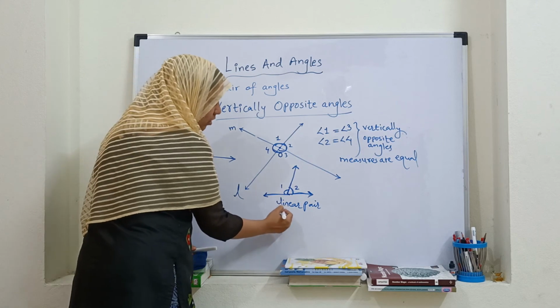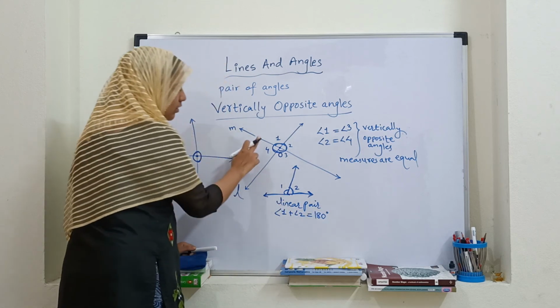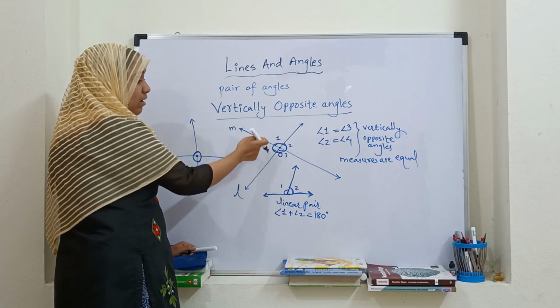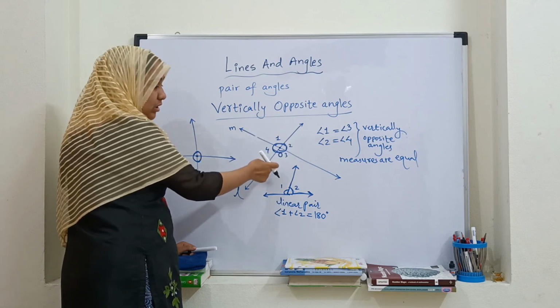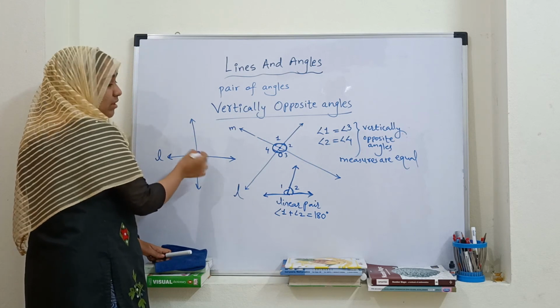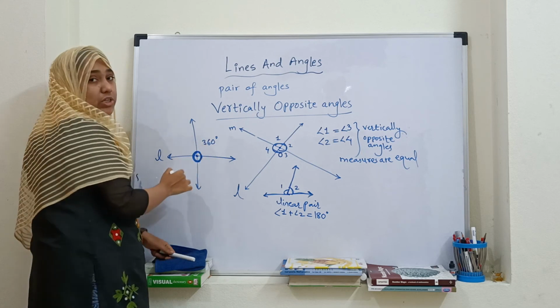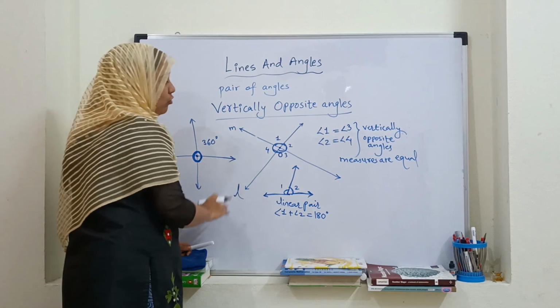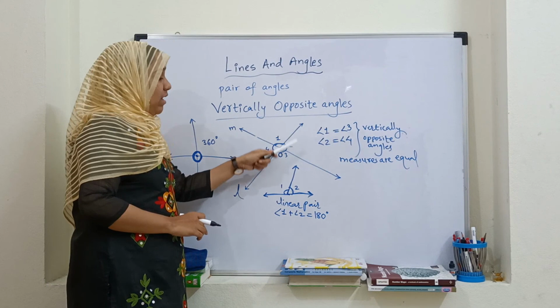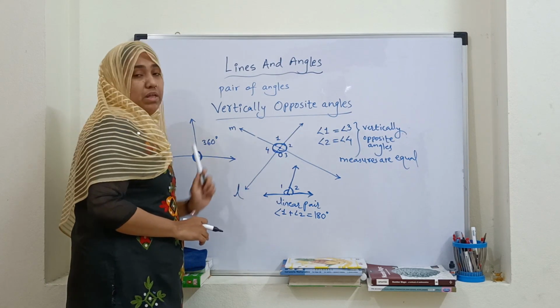So here you observe angle 1 plus angle 2 is also 180 degrees. In the same way angles 3 and 4, angles 1 and 4, and angles 2 and 3. And you observe the sum of all angles around a point is 360 degrees, which makes one complete rotation. So if you want to find unknown angles, if one is given to you, you can find the remaining angles.